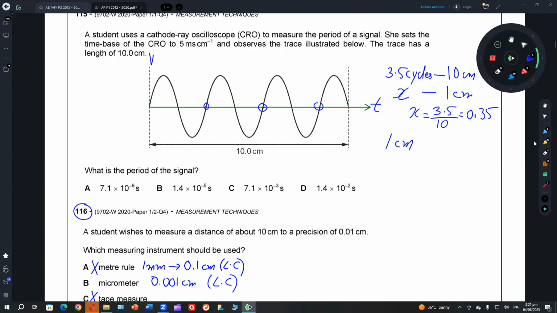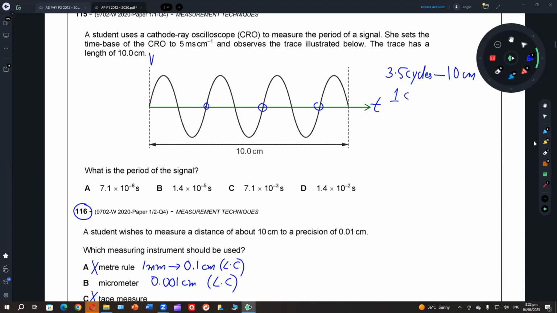We'll find out how much time it takes for one cycle to be completed. I am getting 0.35 cycle in 1 centimeter, and 1 centimeter is equal to 5 millisecond. I think you're right, that would be much better. Instead of taking it to 1 cm, I can take it to 1 cycle.